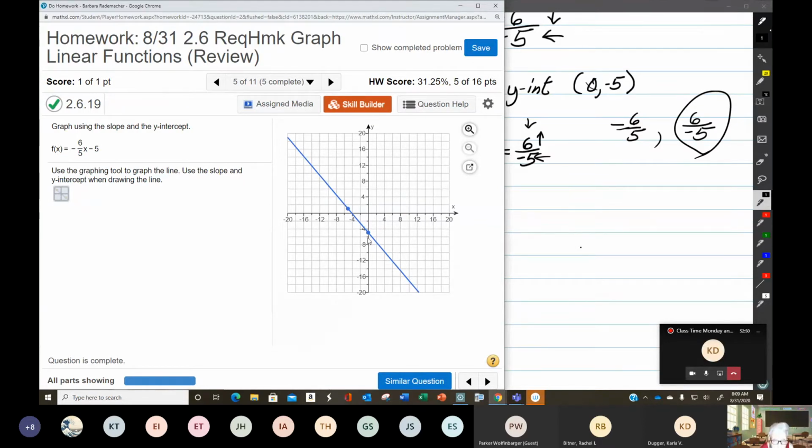I would have gone down 1, 2, 3, 4, 5, 6, and to the right 5. 1, 2, 3, 4, 5. And see, I would have landed on the line. So I could have gone that way and would have been marked right. I could have gone the way I went and was marked right.